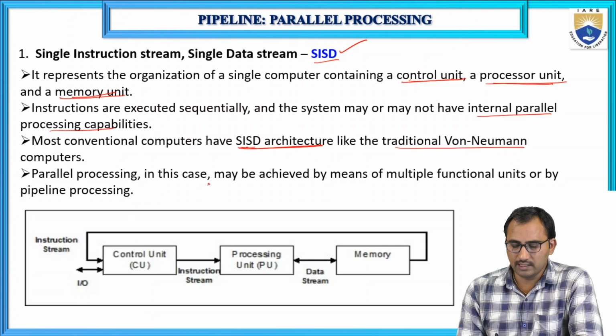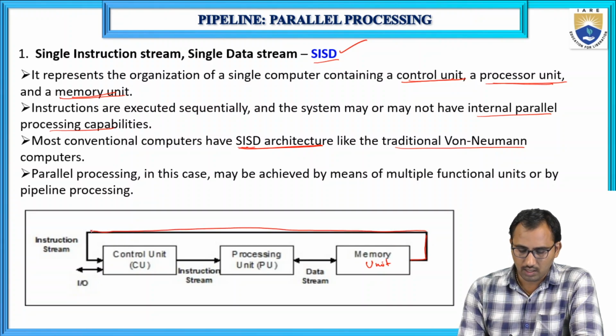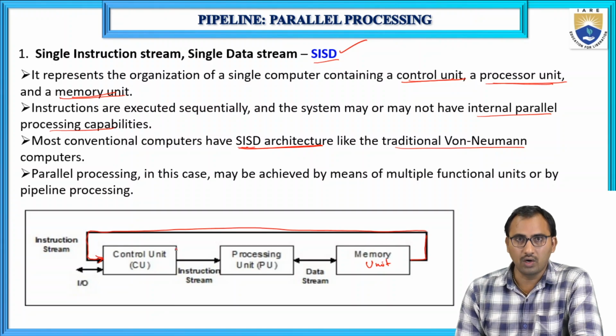Parallel processing in this case may be achieved by means of multiple functional units. Here we have a memory unit, and instructions are coming from the memory unit. These instructions are given to the control unit, which will decode them, and the decoded instructions are applied to the processing unit for execution.